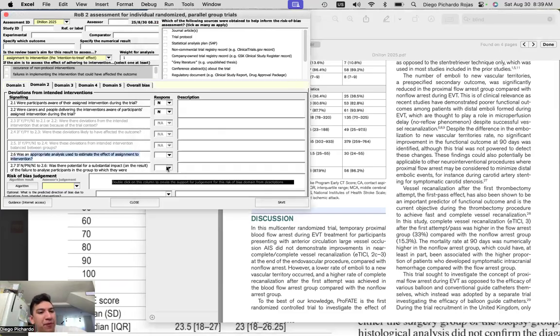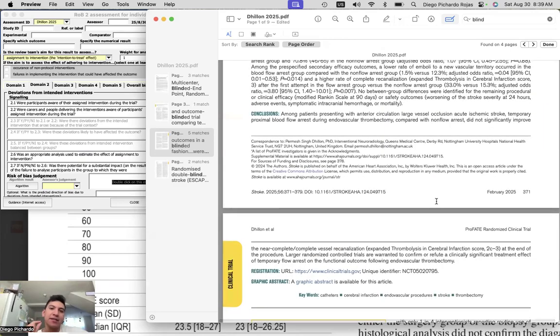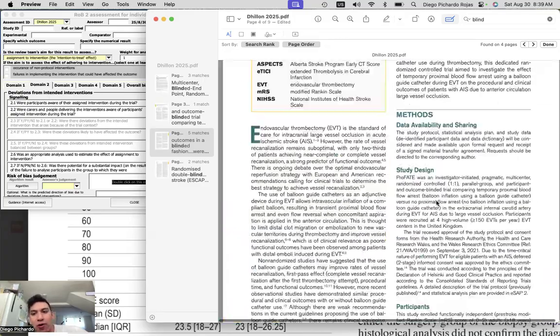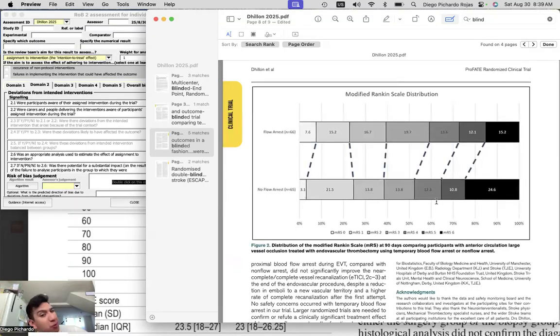So in this point, since in this study we're evaluating the use of catheters, the evaluation is pretty objective at the end. The modified Rankin scale is the way that we're evaluating the patients, and it is pretty objective.